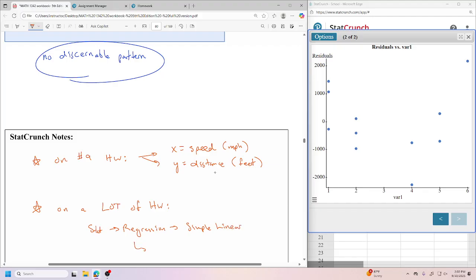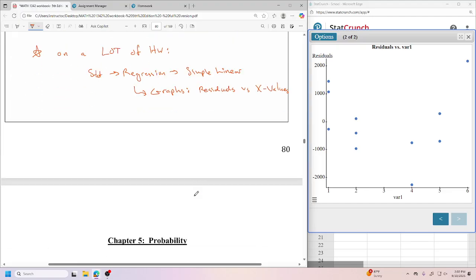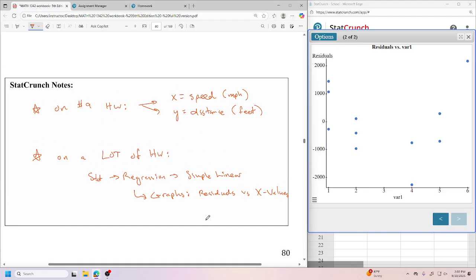But when you're there, you need to go to that graphs section and change it to residuals versus x values. I know I just said that, but I'm going to say it again, because it's important. Almost every single homework question has this. And that's it. Then we're into chapter 5, which I will get to in a little bit.